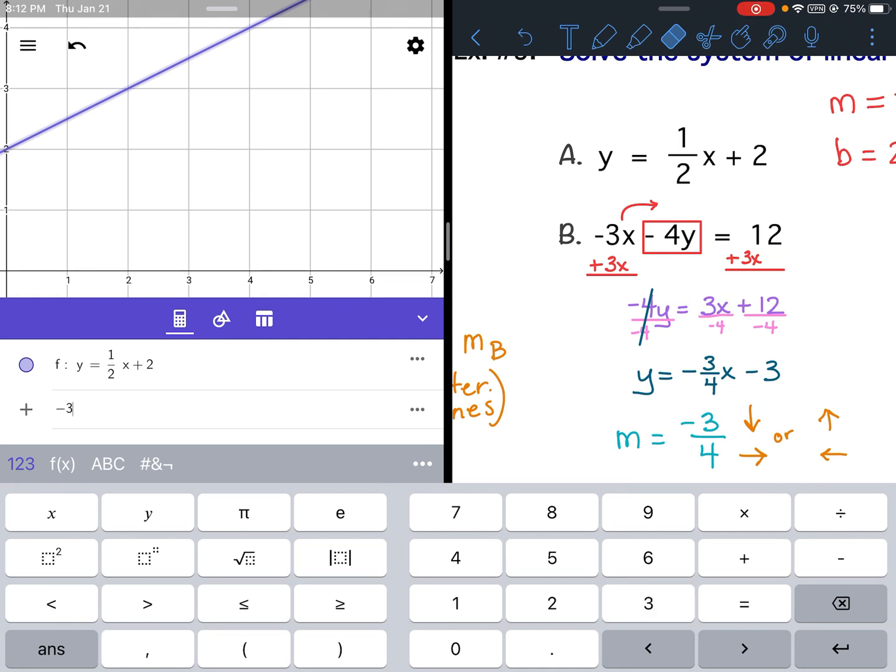Then negative 3x minus 4y equals 12. I was looking at something else. I'm putting in the original equations. And hit enter.